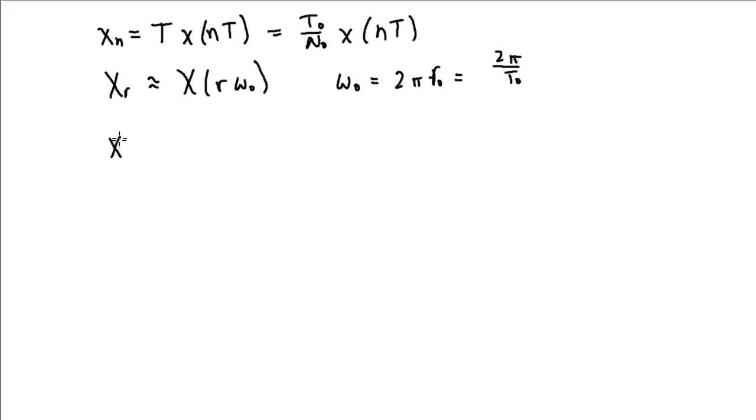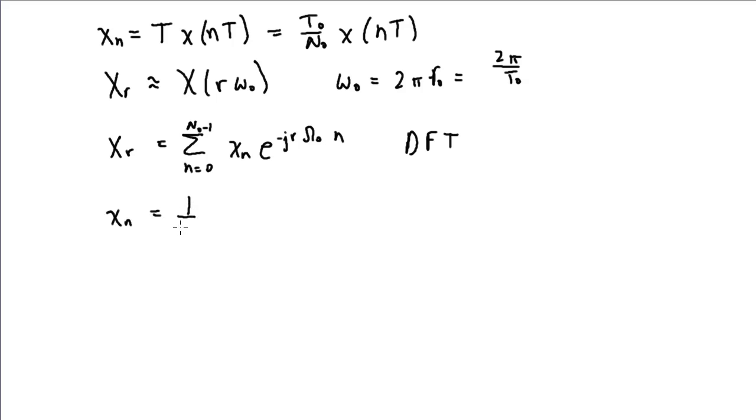X of r and x of n are related then by what's known as the discrete Fourier transform. It's the sum from n equals 0 to N0 minus 1 of x of n e to the minus j r omega 0 n. This is known as the DFT, and it allows us then to calculate these samples of the Fourier transform from scaled samples of the time domain waveform, and then we can similarly calculate x of n from the X of r samples.